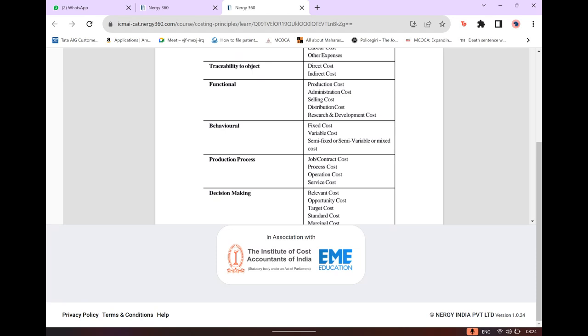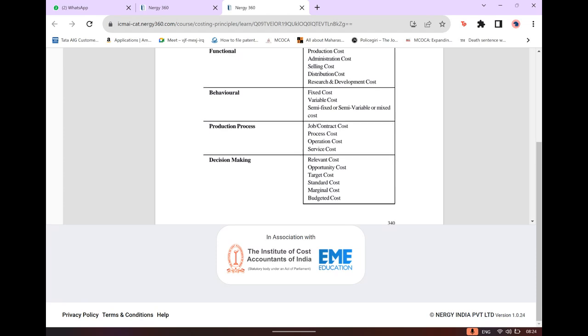Then, if it is based on the production process, it can be the types of costing: job or contract costing, process costing, operation costing, or service costing. Then based on decision making, relevant cost.